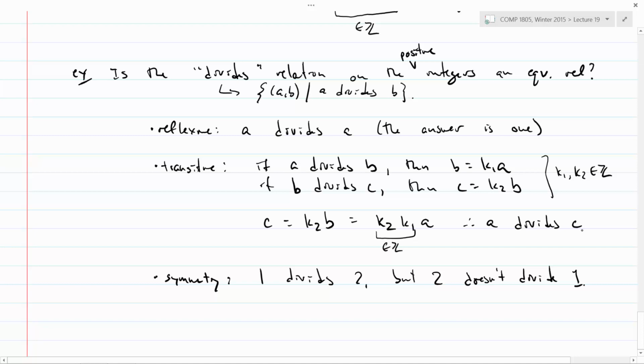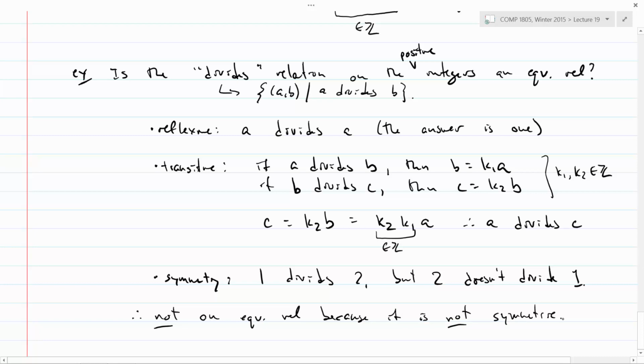You give me the pair such that the symmetric version of that pair, the flipped version of that pair, isn't present. That's how you disprove symmetry. All right, so that's an example of something that's not an equivalence relation, because it is not symmetric.